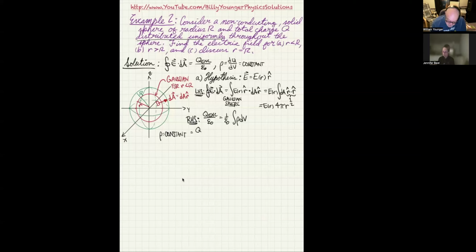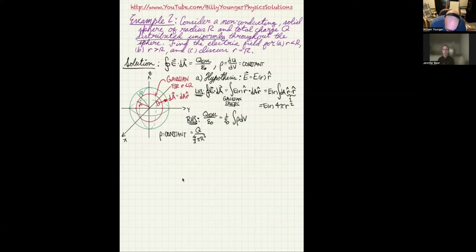The total charge of the non-conducting sphere is Q, and the total volume of the non-conducting sphere is 4/3 pi R cubed. So that's part of the reason why I've been telling you guys lambda you need to think of as either mass divided by length, or now charge divided by length. You need to think of sigma as charge divided by surface area, and you need to think of rho as charge divided by volume.